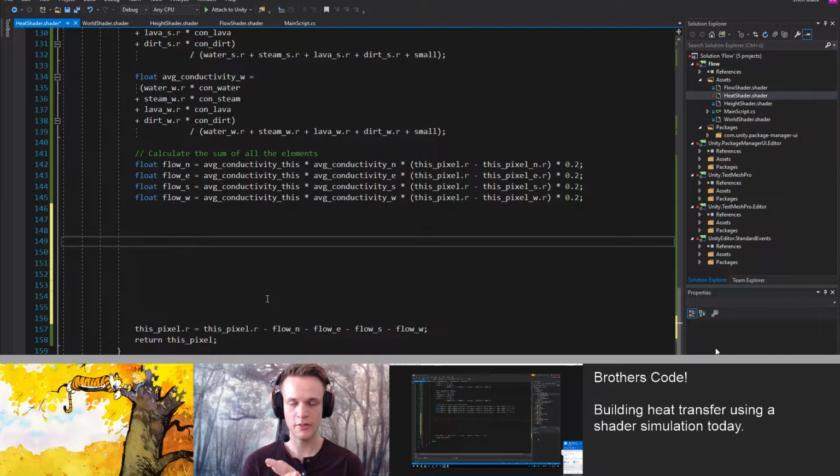And then you say I'm flowing things around and I'm taking heat from this cell and moving it into adjacent cells. Then after everything flows, you find in each cell how much heat came from various places.